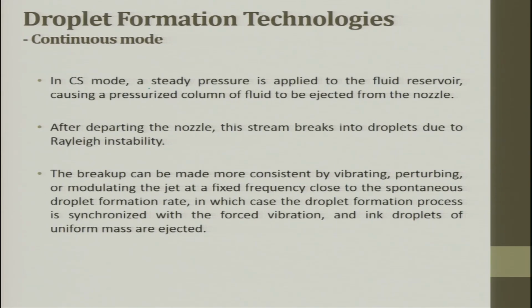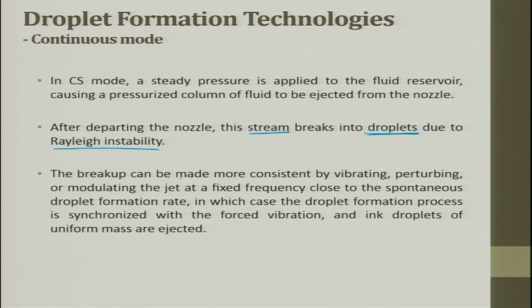In the continuous mode, a steady pressure is applied to the fluid reservoir, causing a pressurized volume of the fluid to be ejected from the nozzle. After departing the nozzle, the stream breaks into droplets because of Rayleigh instability.